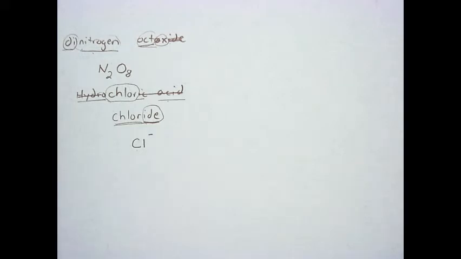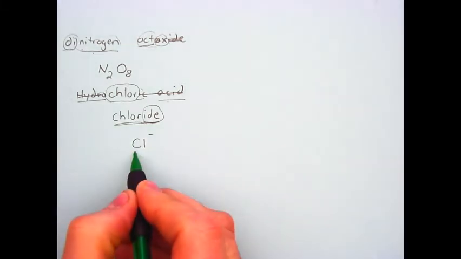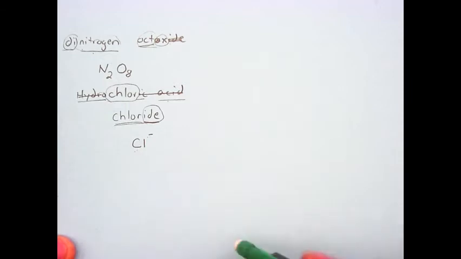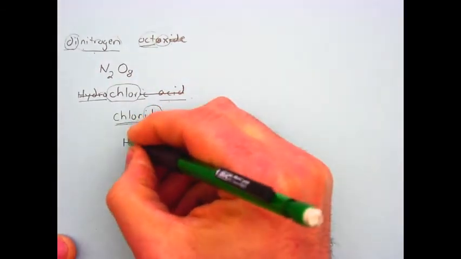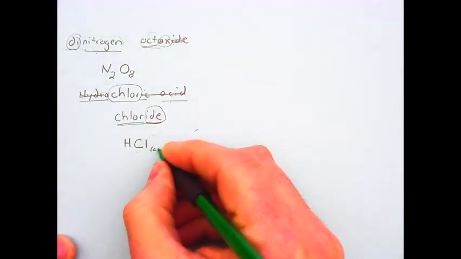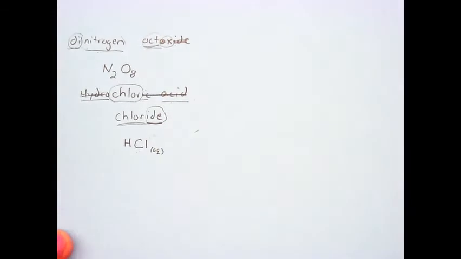Simply, you put H in front of the anion, but you need one H per negative charge. Since there's only one negative charge, we erase the charge and write a single H in front. And then we end it off with an aq. Let me show you another example.